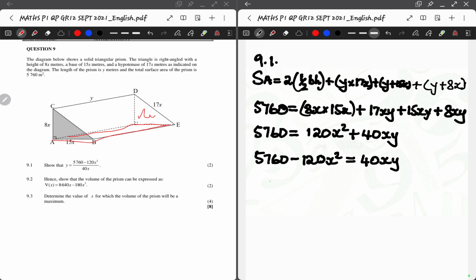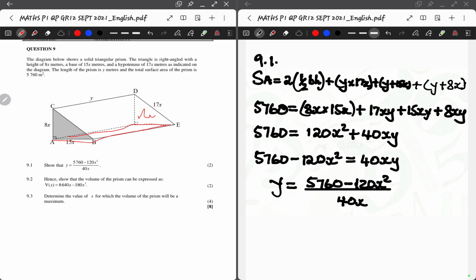After dividing both sides by 40x, therefore y will be 5760 minus 120 x squared all over 40x. And that's what you were asked to prove.